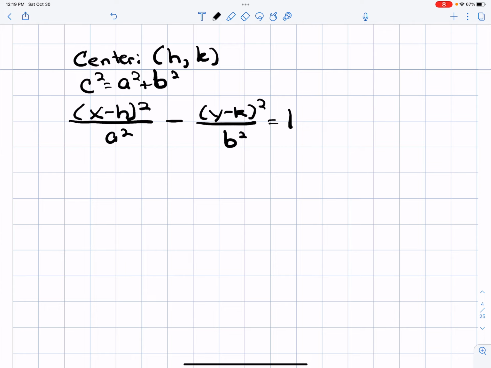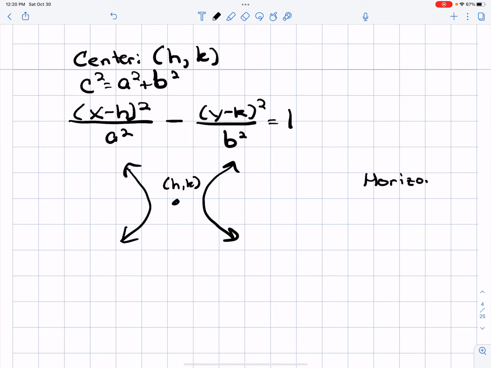This one has that parabola. It's going to open left and open right. And then H, K is going to be that center. So you have to consider that when you're working on it. This one has a horizontal transverse axis.